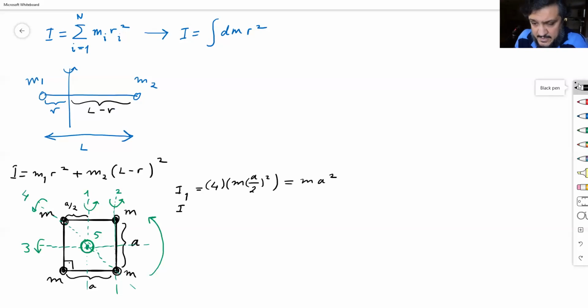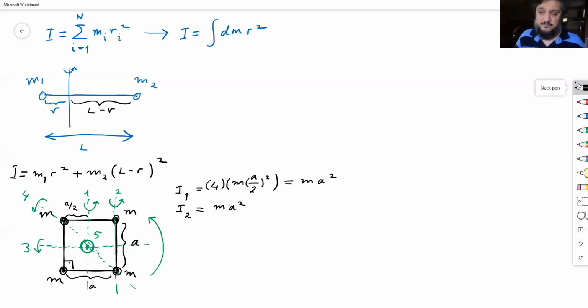What about I2? Since these are point masses, the one on the top right corner and the bottom right corner, those 2 masses will not contribute to the moment of inertia because they are on the axis. Instead, we'll have to consider the other 2. So m a squared from the top left corner, and we have another one right below it.